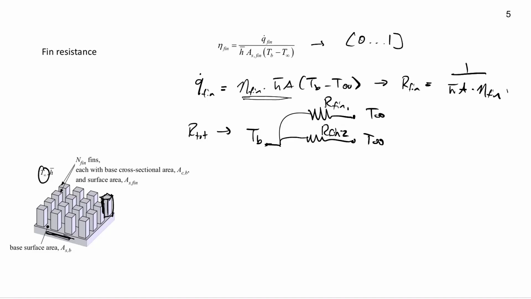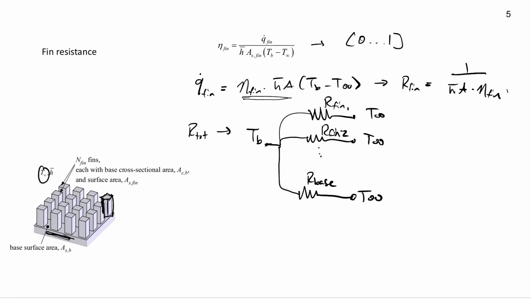I don't want to write out 70 of those. The other thing that's important, right, this continues. The other thing that's important is it could go through the unfinned base part of it. So heat could actually flow directly from the base that doesn't have any fins on it, our base to T infinity.